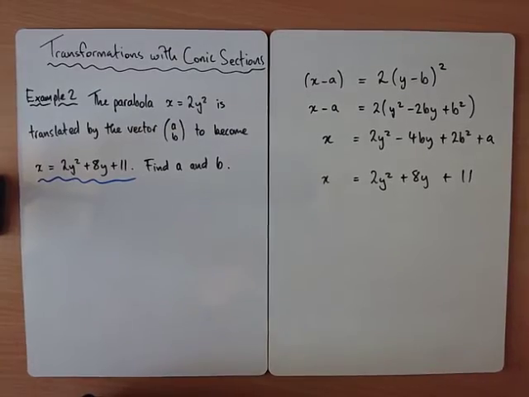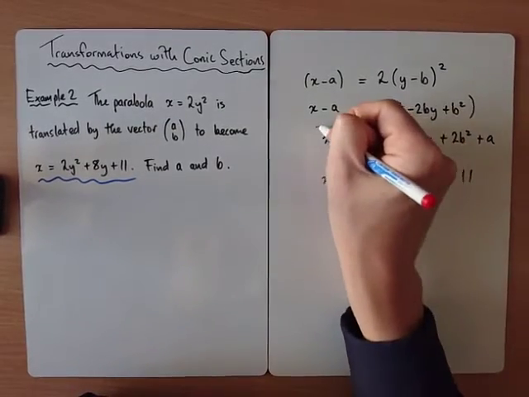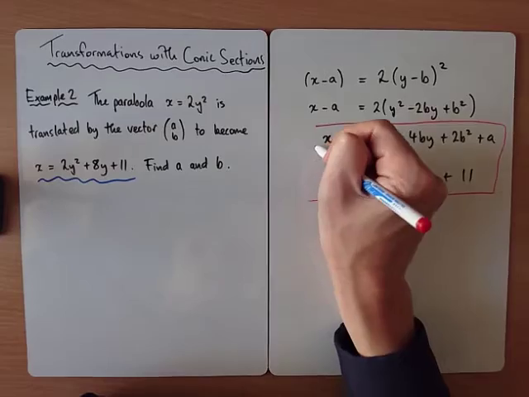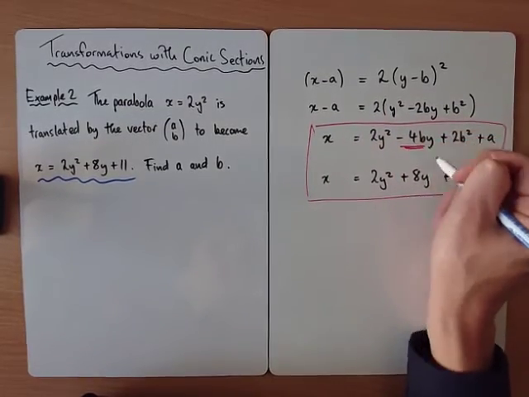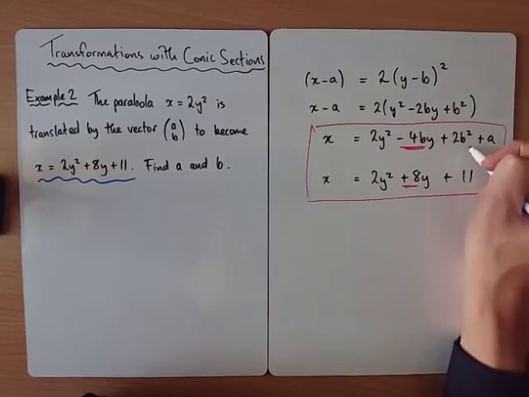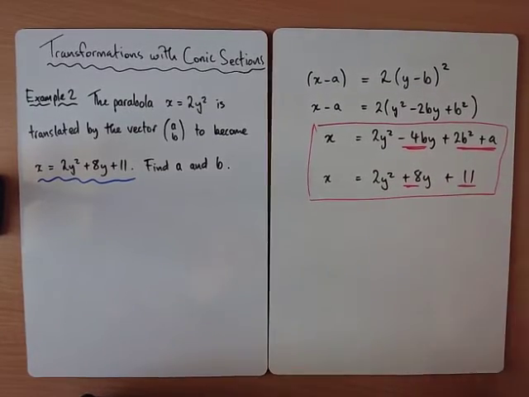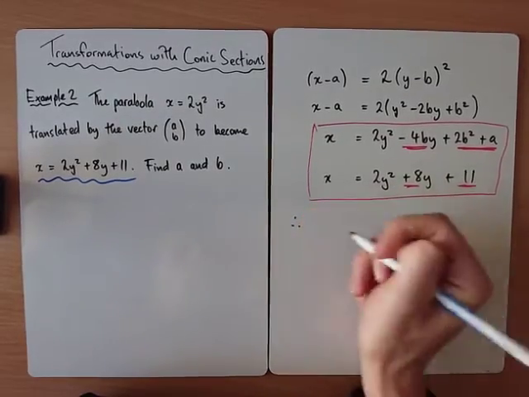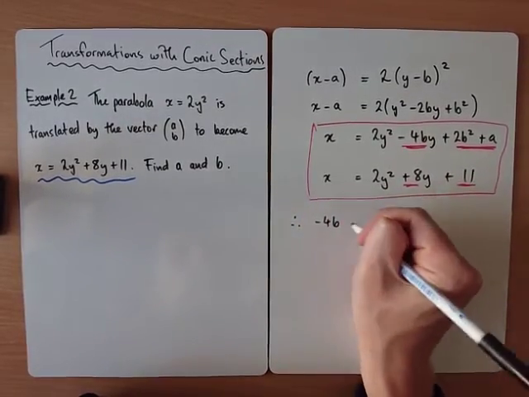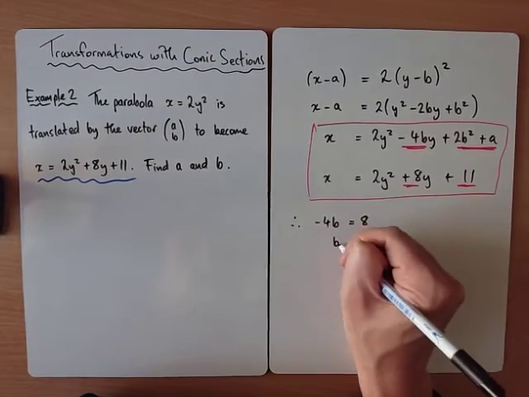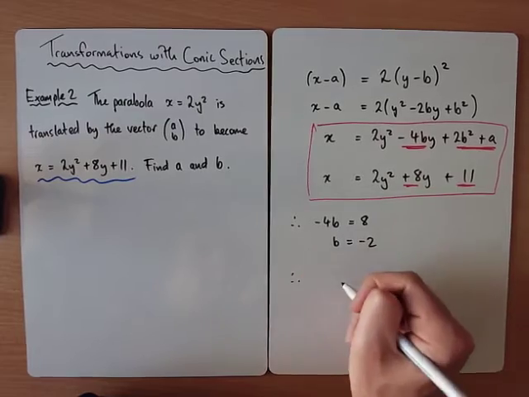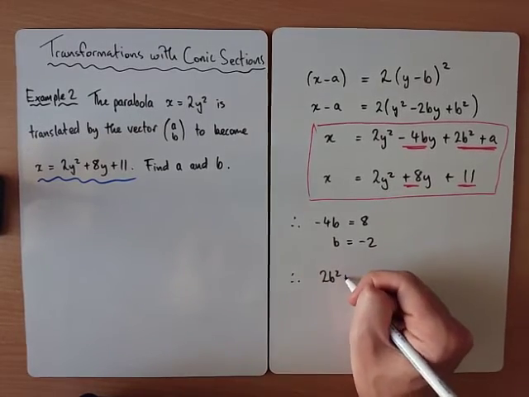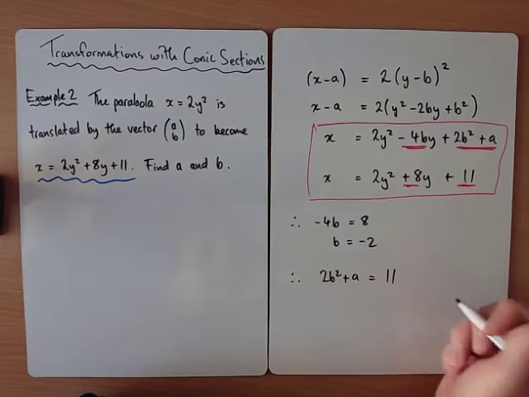So the technique we can employ now is called equating coefficients, but you should just be able to logically compare these, like this is the same, this is the same. So that must be the same. And that must be the same, mustn't it? So we can say therefore minus 4b must equal 8, b must equal minus 2, and 2b squared plus a would equal 11.